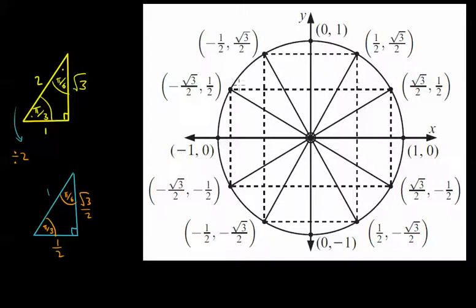Okay, now these coordinates on the unit circle are all made from this blue triangle here. They're all made from that particular blue triangle. And let's look at the first particular coordinate and where it comes from. Okay, so take this coordinate here, and if you see, I can make a triangle by going along there, across and up.